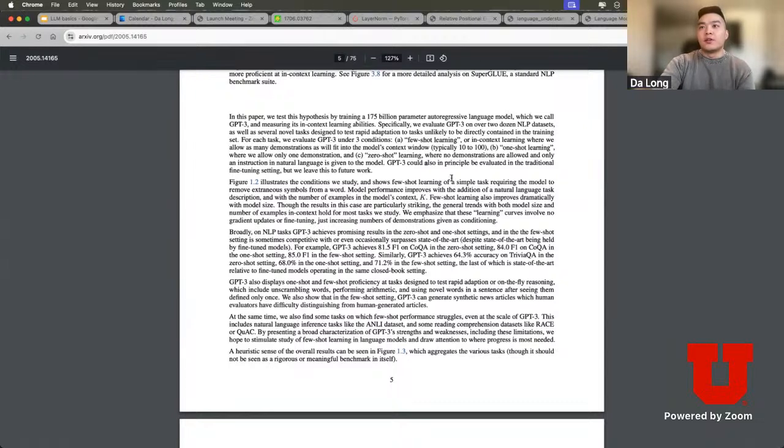For example, in one-shot learning, if you want to do a translation task, you give the model an example: you give the English, and you also give the Chinese, and this is called one example.